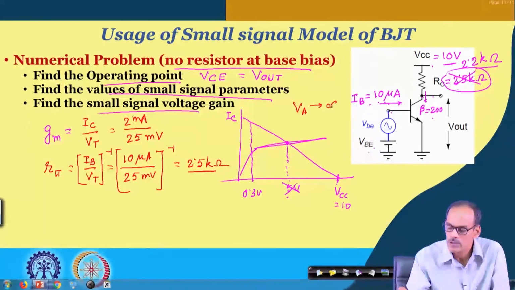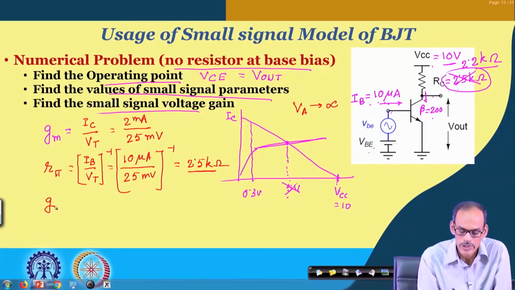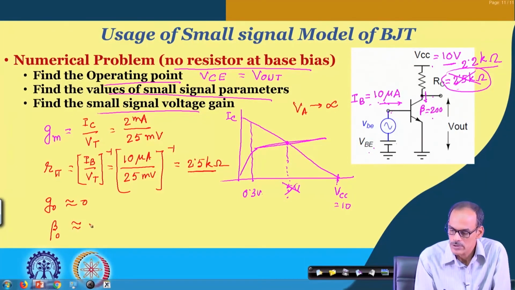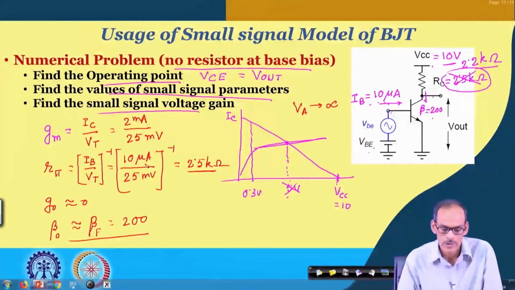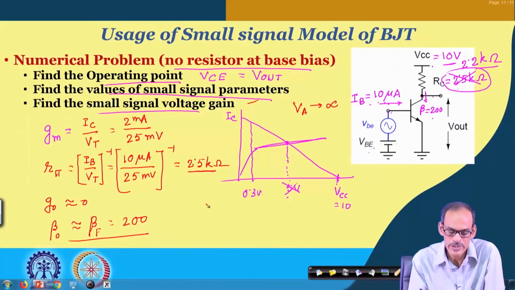So, you may say that output conductance is 0, and then beta naught you can approximate to be beta F, which is 200. So, from that you can find what will be the small signal voltage gain.